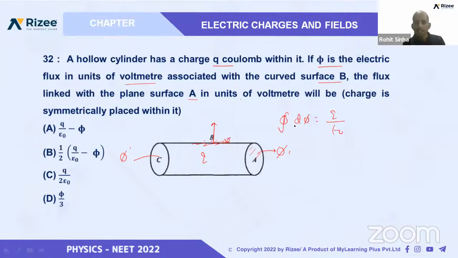So the total flux will be phi for the curved surface plus phi dash for this one and phi dash for this one, and it is Q by epsilon naught. Done. So from here we will get phi dash is equal to 1 by 2, and the answer will be B.